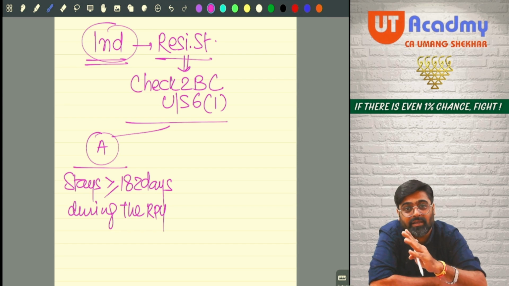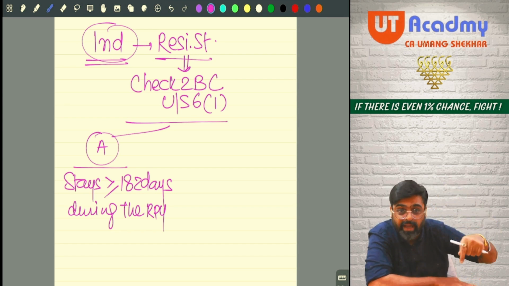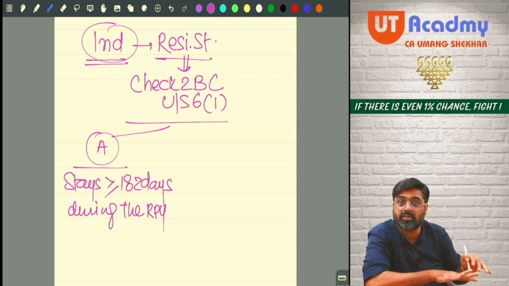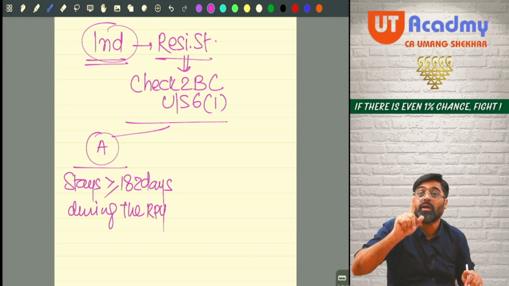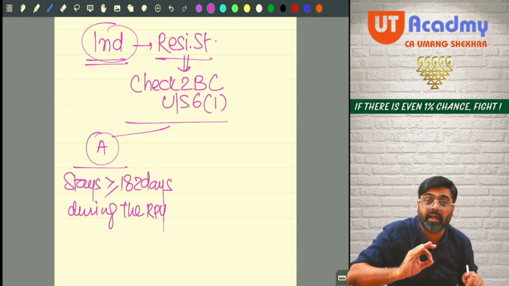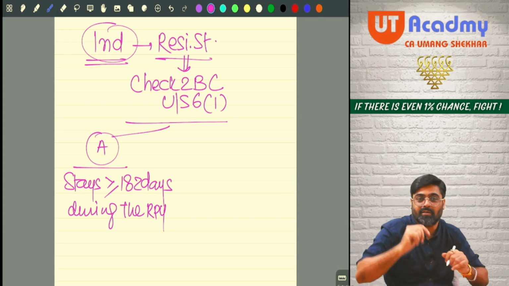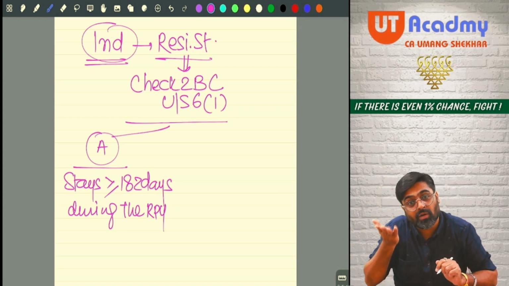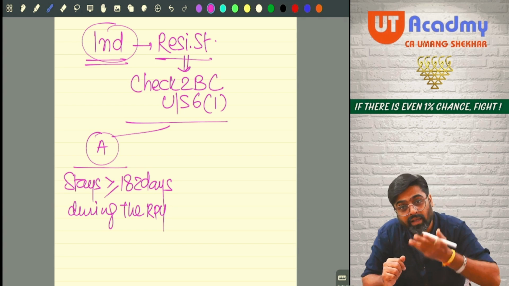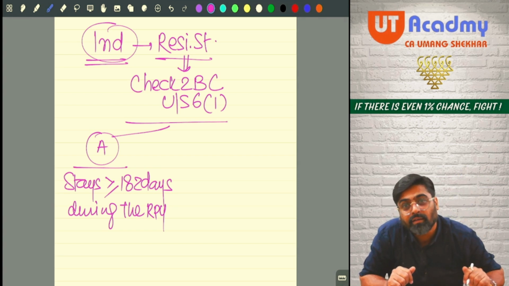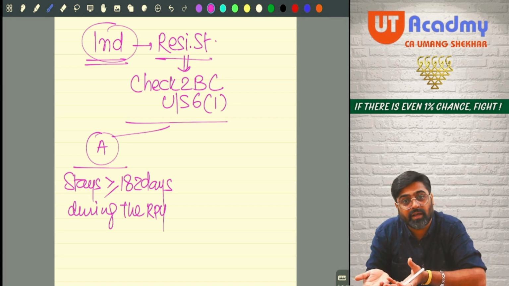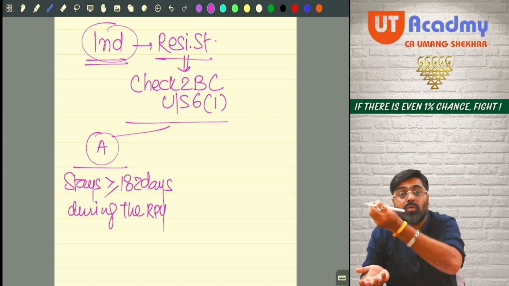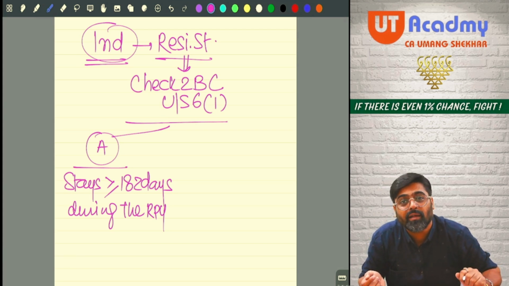Just imagine you are an individual and your stay in India during the relevant previous year is 182 days or more, meaning your stay in India is for half year or more. How can we consider you a non-resident? Your usual place of stay is in India, because you are staying in India for half the year or more.